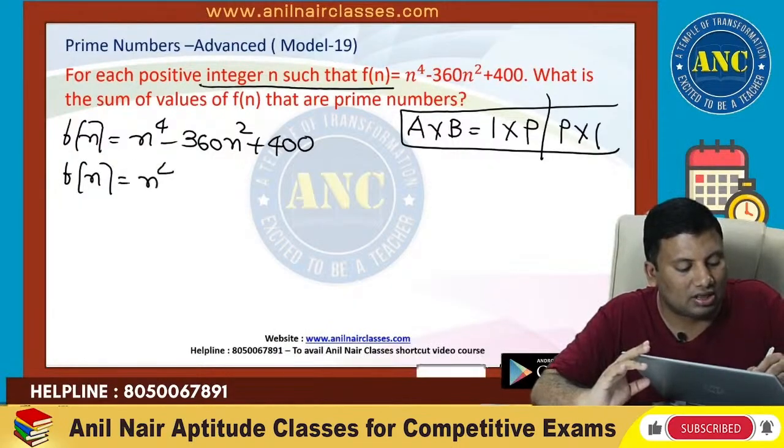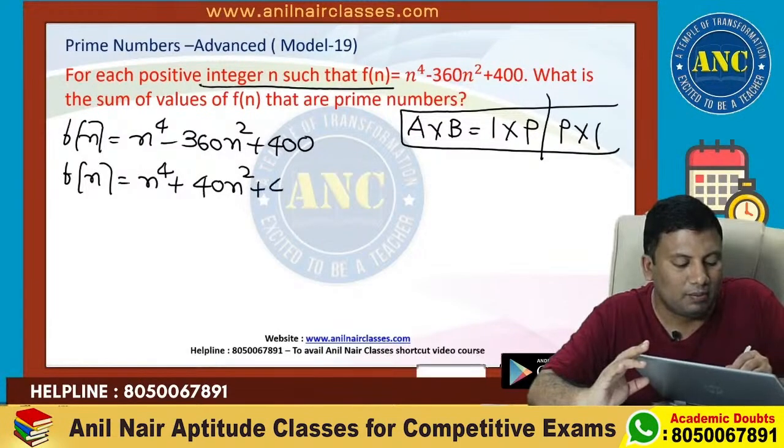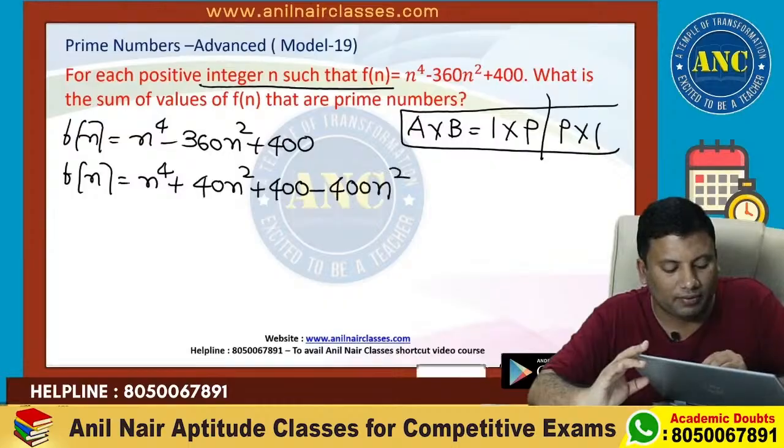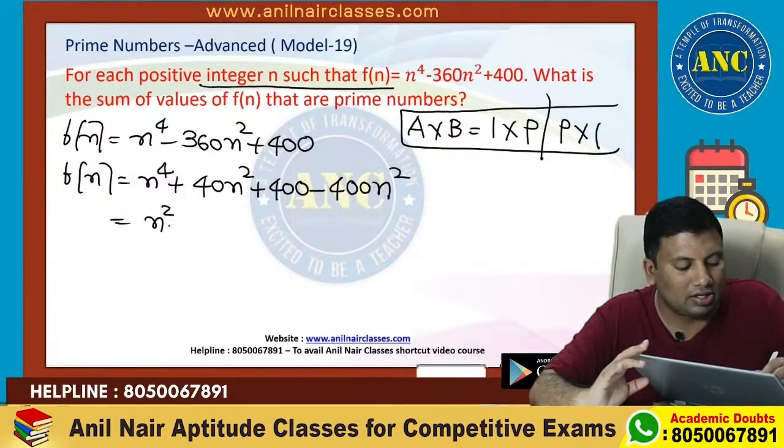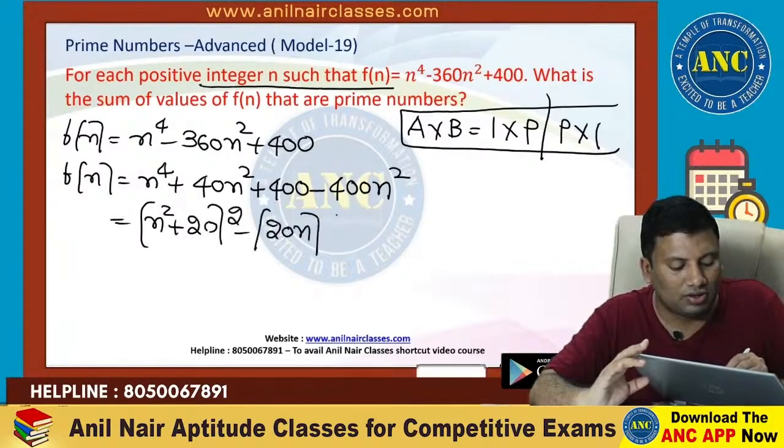So this is nothing but n power 4 plus 40 n square plus 400 minus 400 n square. This is nothing but n square plus 20 whole square minus 20n whole square. Are you all with me?